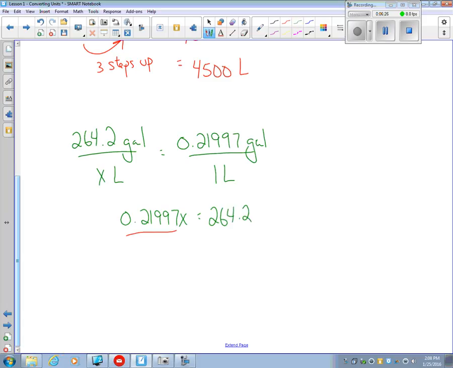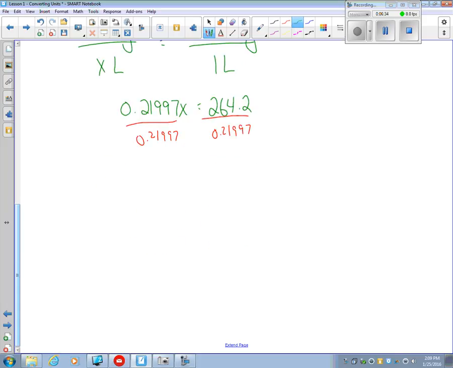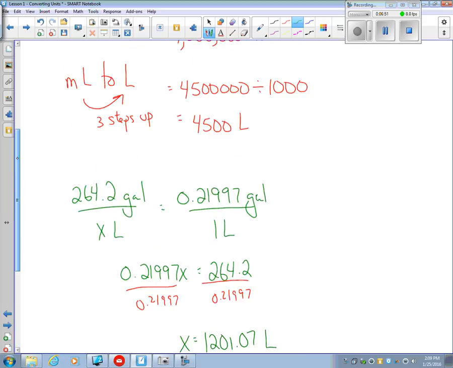And we're going to divide out the 0.21997 part, because I want to know what 1 is. And I end up with a tank holding, no typo there, a tank holding 1,201.07 liters.